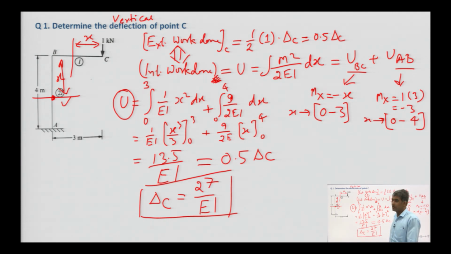The steps are very simple. Find out the external work done, which will always be half of load multiplied by deformation. Internal work done is the strain energy, and in case of flexural loading, it is the integral of M square upon 2EI into dx.